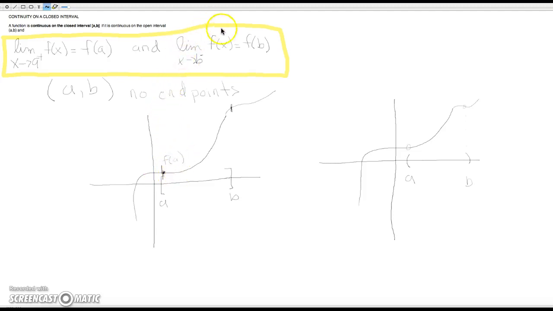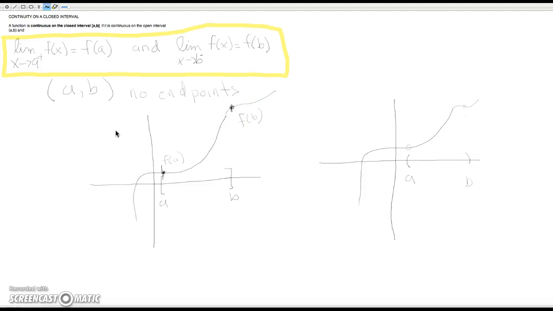And another condition is that the limit as x goes to B on the left side, which is the other endpoint, has to be f of B. So we are including the endpoints, and they're defined. So yes, this function is continuous on a closed interval.